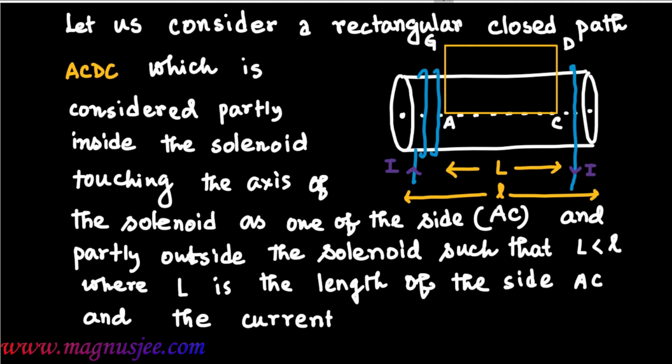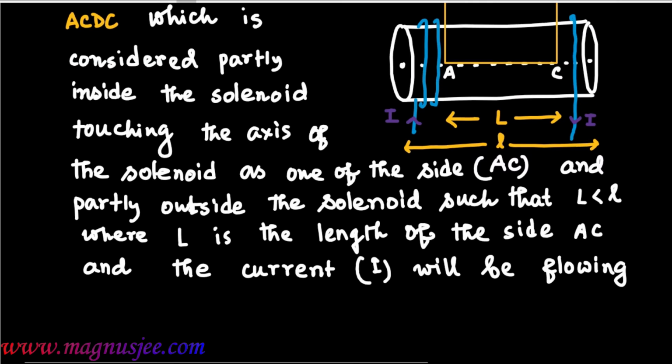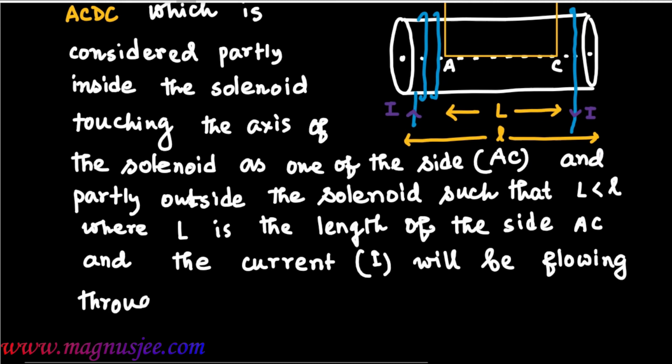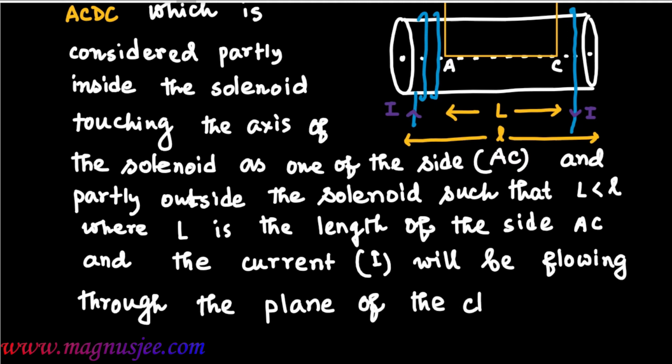And the current I will be flowing normally through the plane of the rectangular closed path ACDG.